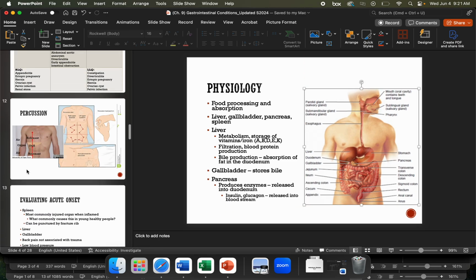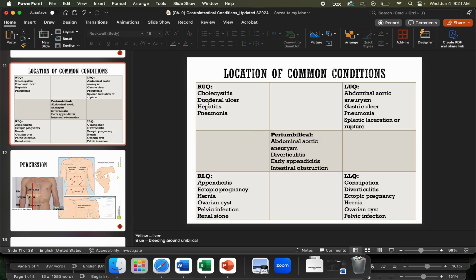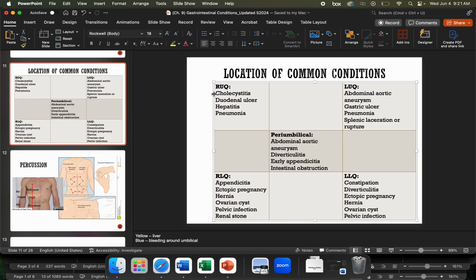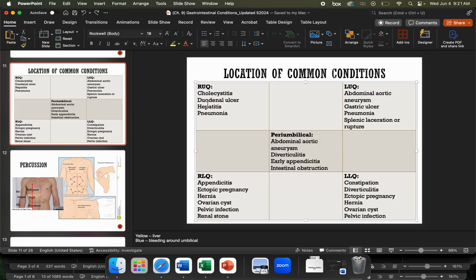So if we notice a problem there, we might have a duodenal ulcer, cholecystitis, hepatitis. Hepato is liver and itis is inflammation, so inflammation of the liver.